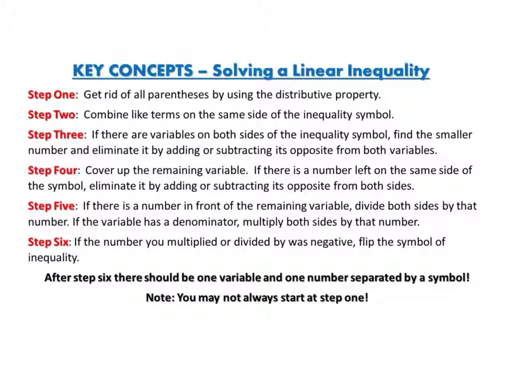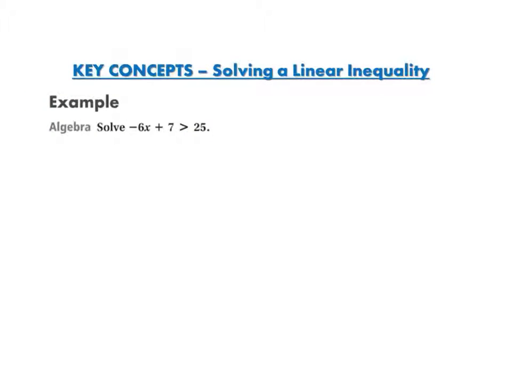And step 6, which is something that you do if you have an inequality, is if the number you multiplied or divided by was negative, you flip the symbol of inequality. And after you finish, you should have a letter on one side of the symbol and a number on the other side.